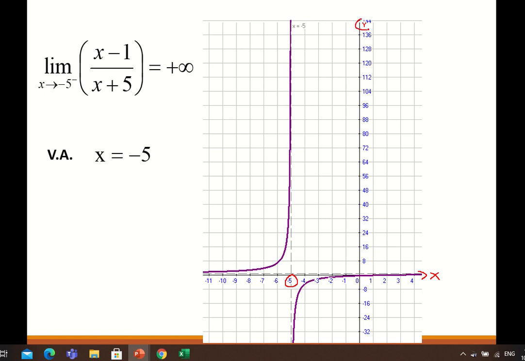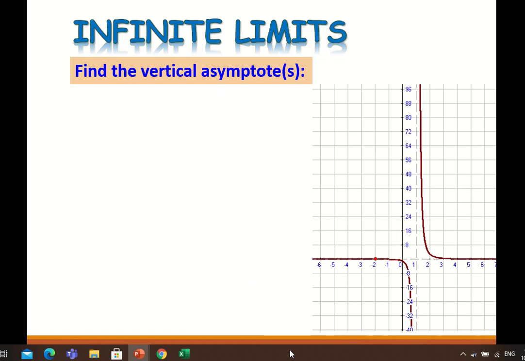The intersection between the x and y-axis, this is what we call origin. Okay, so from here you count 1, 2, 3, 4, 5. So that is where our vertical asymptote is located. So this is the vertical line, x equal to minus 5. Okay, so I hope you're still following.